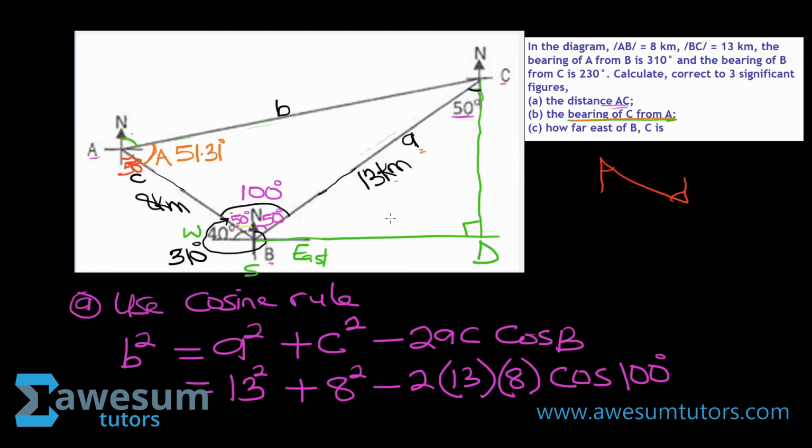We have been able to calculate the distance AC, and we got the answer right. We also were able to calculate the bearing of C from A, and we got that right. And also we have been able to calculate how far east of B C is.